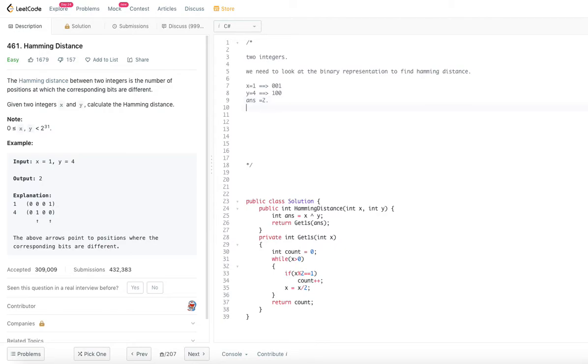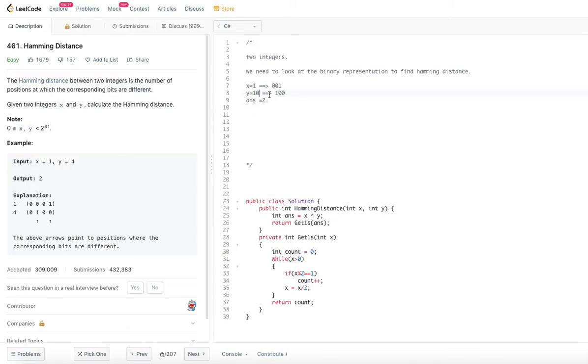One thing is, just like what we did right now, convert x to its binary representation, convert y to its binary representation, and if there is any difference in the length, prepend with zeros. Let me take an example of x is equal to 1 and y is equal to 10.